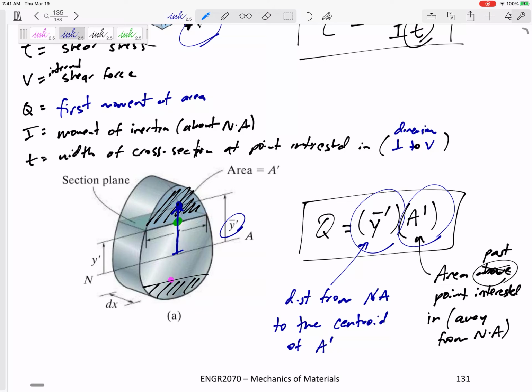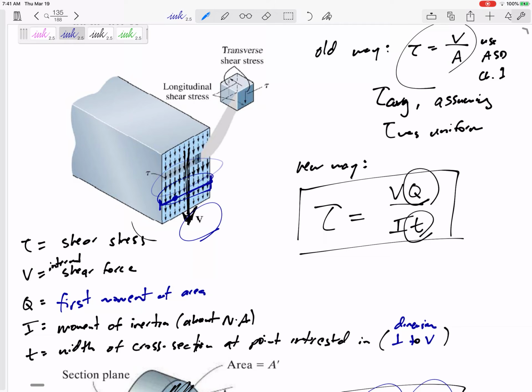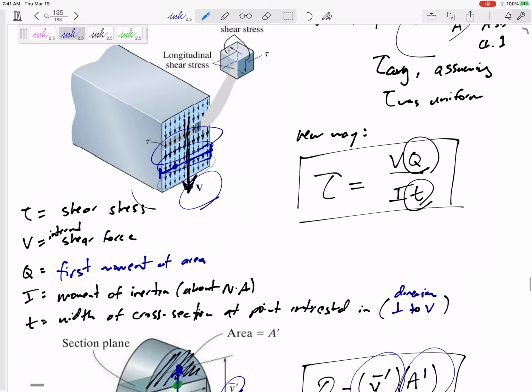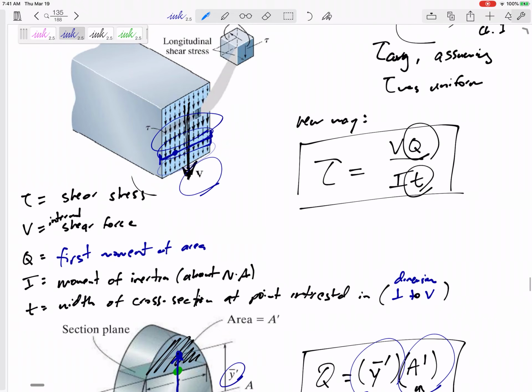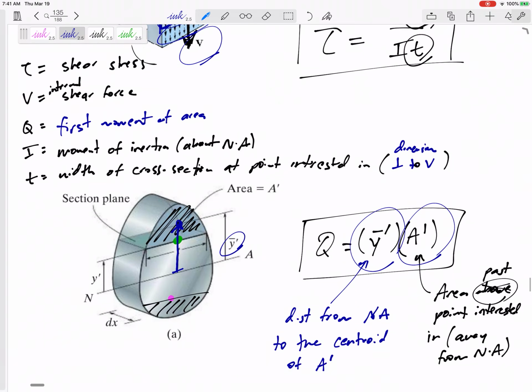Okay? All right. And so that's what gives this a parabolic distribution right here, where the maximum is at the very middle and at the very edge it is 0. Why is the very edge 0 in this calculation?